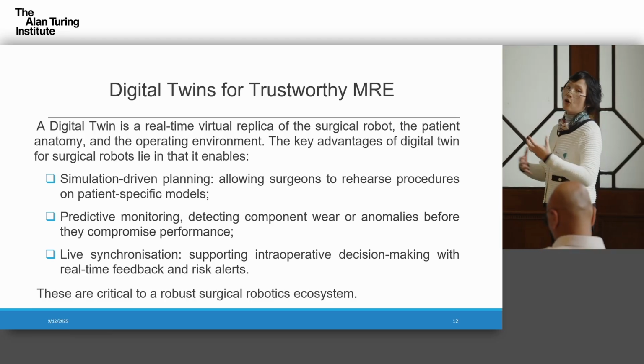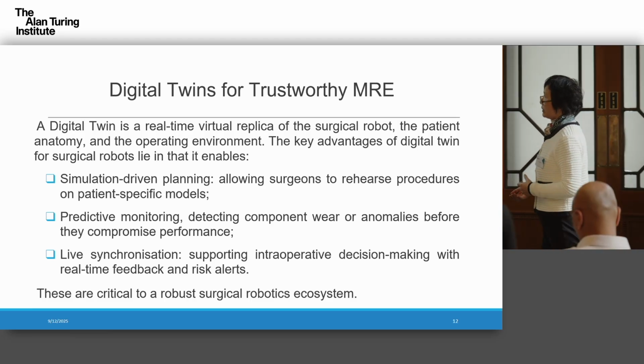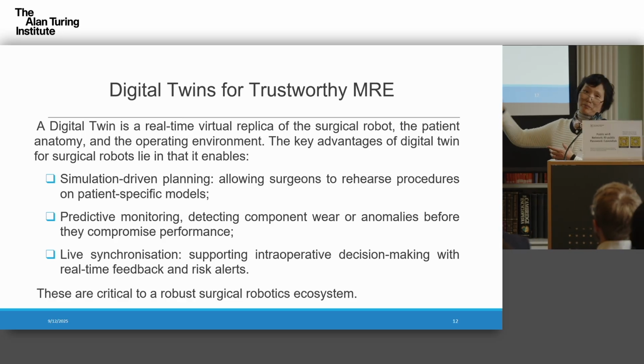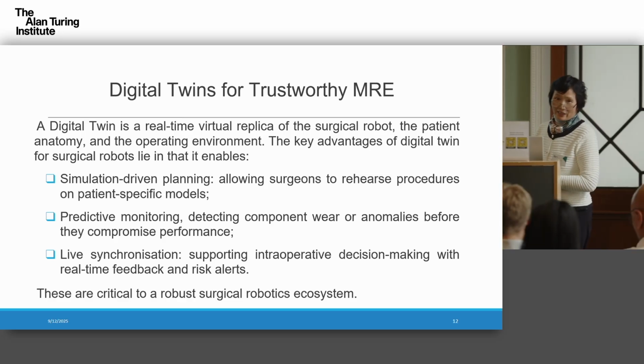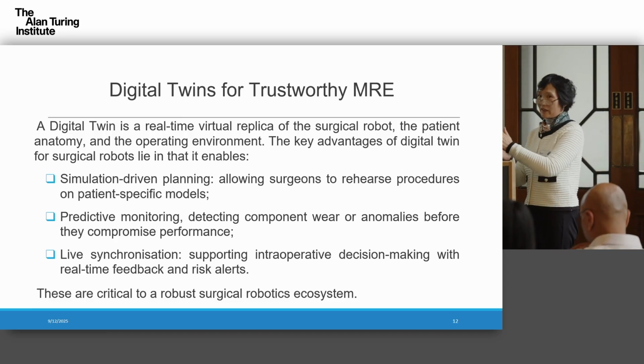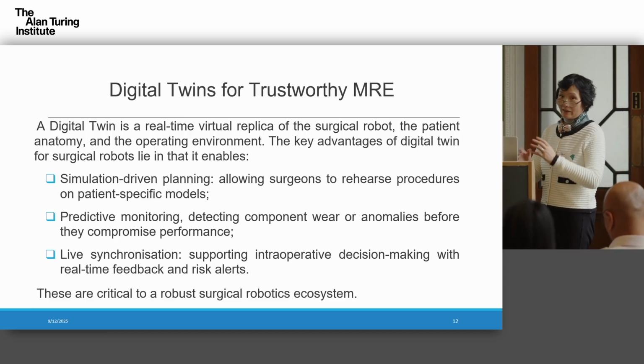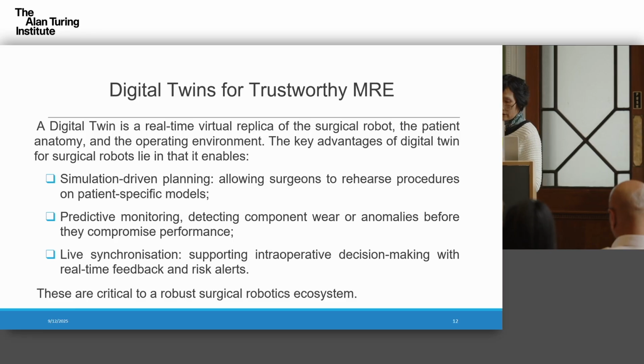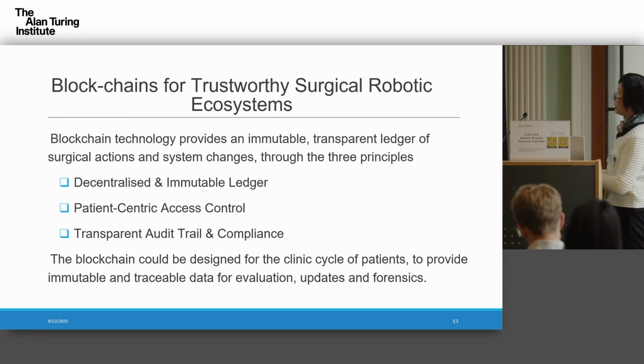This supports cooperative operator decision-making with real-time feedback. Actually, in my opinion, this is a particularly critical challenge, because the real-time reflection always has some delay, in the system image and so on. So this is the digital twin and also the blockchain system.